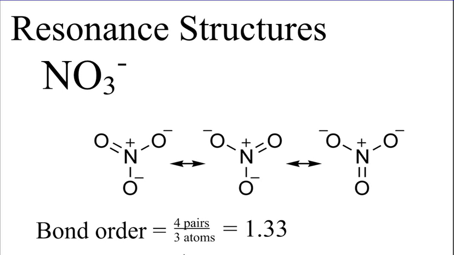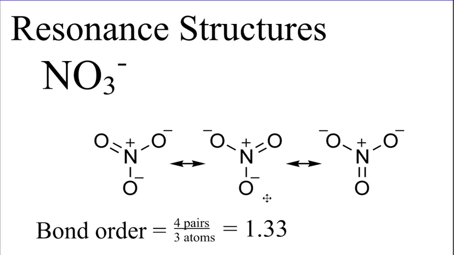Fractional bond orders exist when there is a resonance structure, which means that the bond energy, or the amount of energy necessary to break apart a molecule of nitrate, is somewhere between a single bond and a double bond.